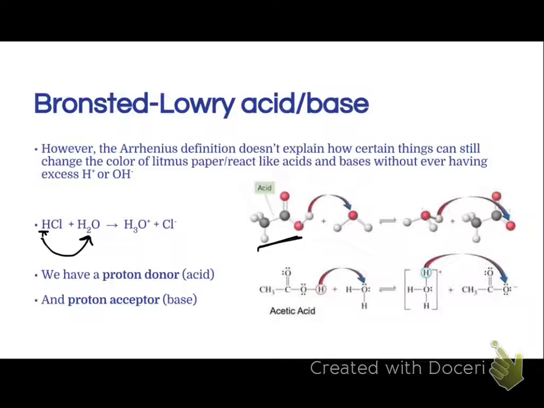hydrogen. So looking at the acetic acid example, what actually happens, as far as we can tell, remember these are particles, so it's very hard to image them, but what we've observed is that the hydrogen doesn't actually hang out as H+. What it does is it looks for a nearby water molecule, and it forms this H3O+ compound.